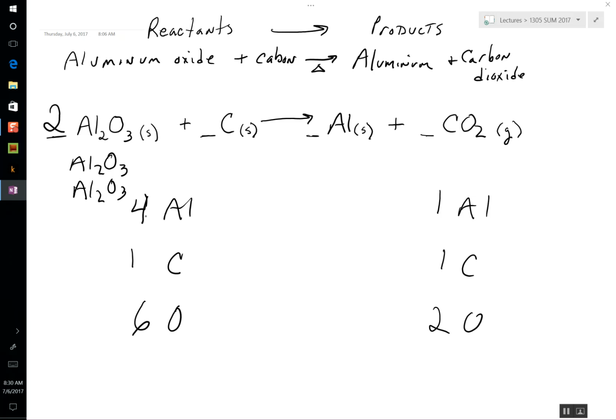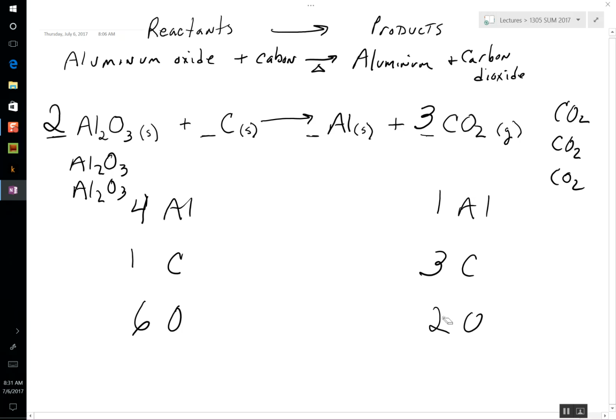All right? 2 Al2O3s, there's 2 aluminums, and 2 aluminums, 4 aluminums. All right, so now how do I get 6 oxygens on the other side? What do I put in front of the CO2? 3. So that gets me 3 carbons, because that coefficient is saying now I'm producing 3 carbon dioxides.